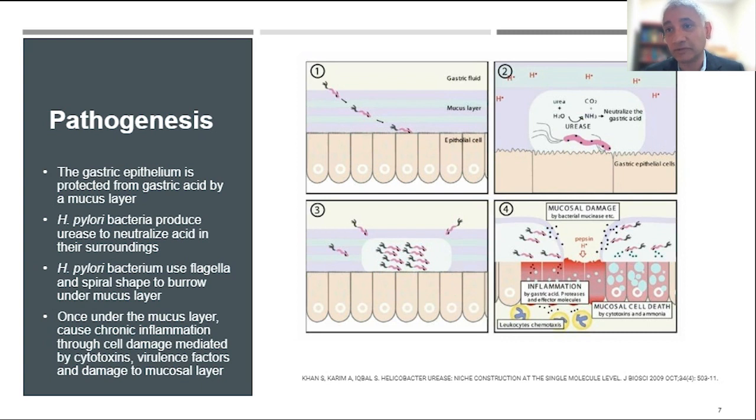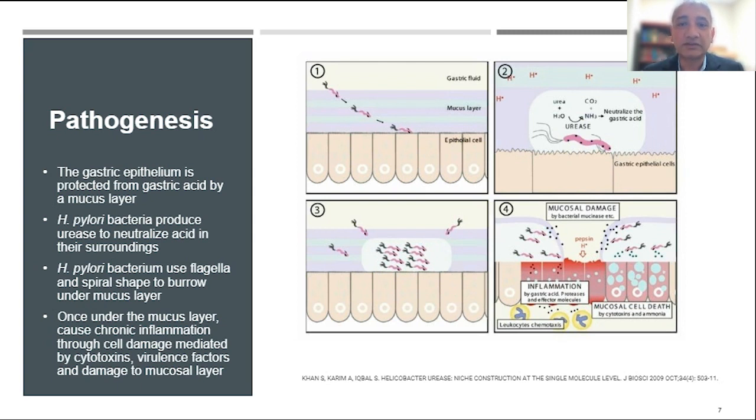One of the hallmarks of H. pylori bacteria is that it produces the enzyme urease. Urease catalyzes the reaction of the conversion of urea to carbon dioxide and ammonia. When ammonia is produced as a result of the activity of urease, ammonia is an alkaline substance and it reduces the acidity in the immediate environment of H. pylori bacteria.